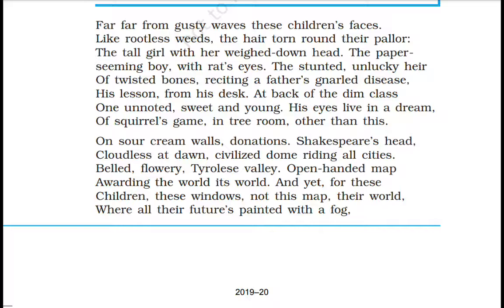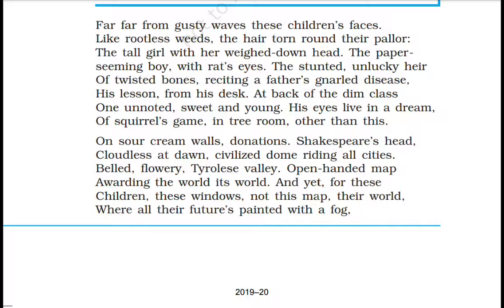But here gusty waves is a metaphor. Here gusty waves refers to the children who belong to the rich class, the privileged class, who have all the facilities, who have all the basic amenities required for a livelihood. But these children are far, far from those gusty waves. It means they do not have those privileges.